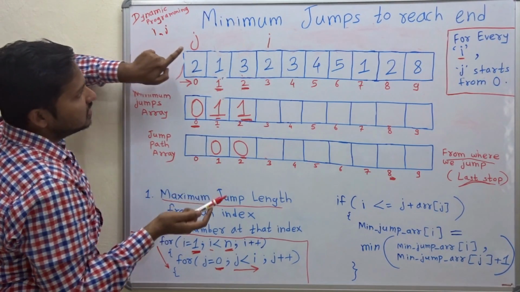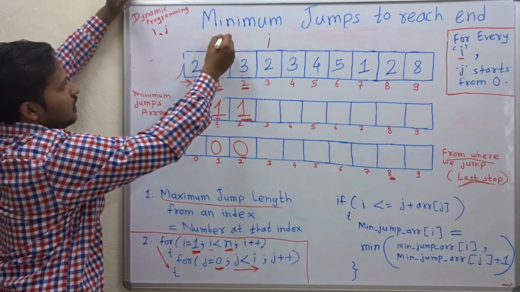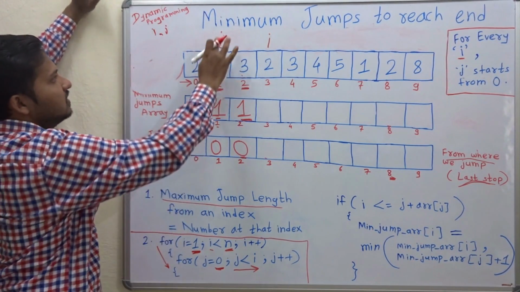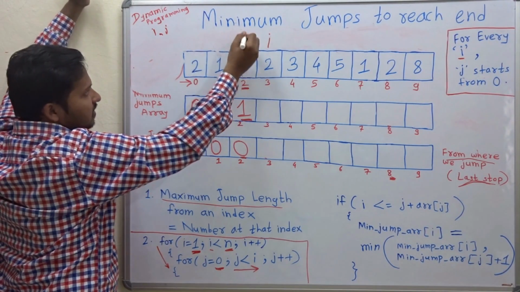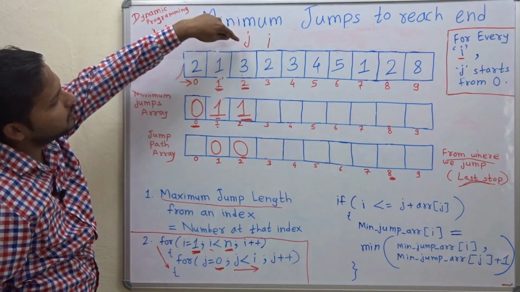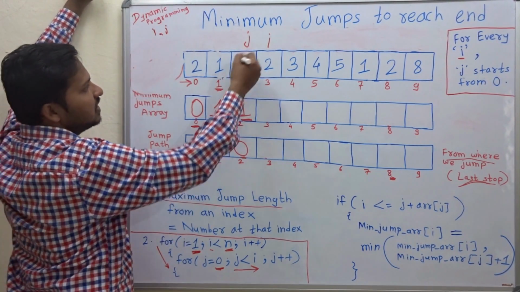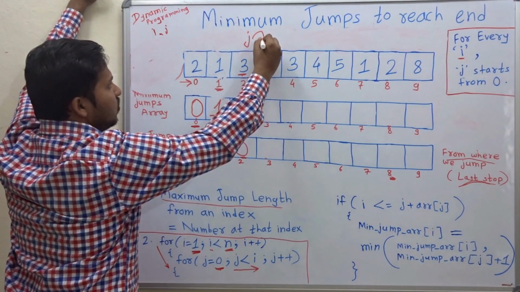So you cannot reach I from j. So you increment j. Now check whether it is in range. No, I is not in range of j. So you increment j. Check whether I is in range of j. Yes, because the value is 3. So one jump from j to I.